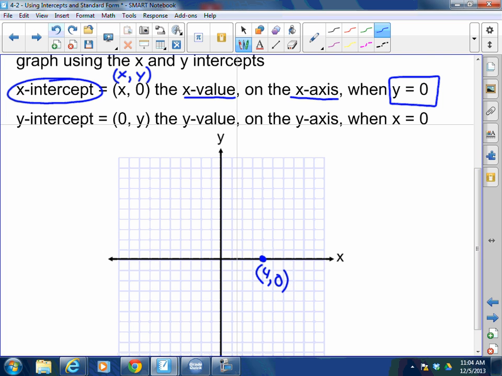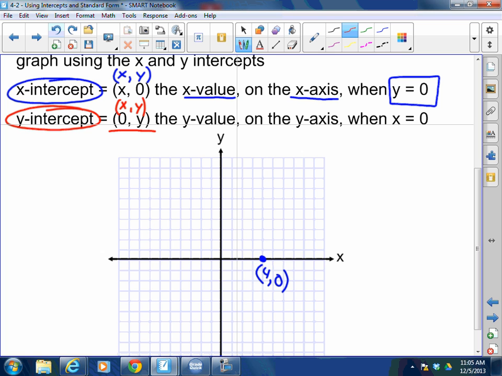Okay, awesome. Now in red, we'll do the y-intercept. The y-intercept is exactly the same, but it's reversed. So in this case, it's the y value when x is 0. If you notice here, I replace x with the value of 0.